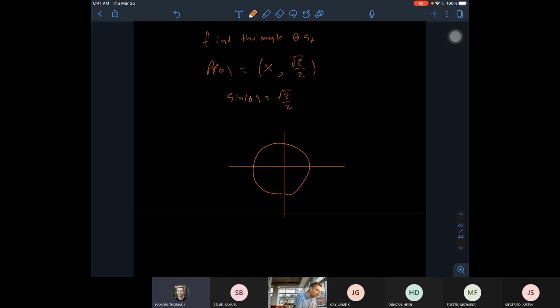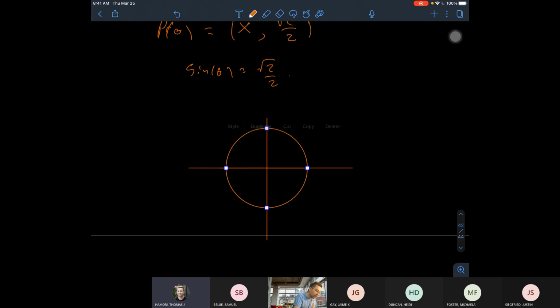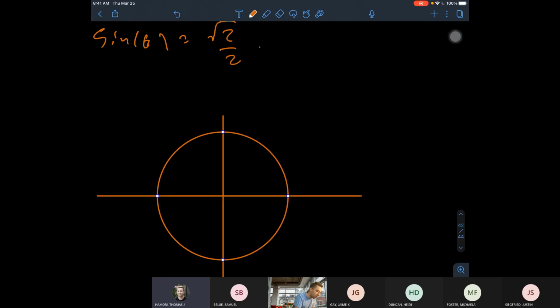It happens when theta is equal to pi over 4, and it also happens when theta is equal to 3 pi over 4. On both of these points, the y value is square root 2 over 2. So here's negative square root 2 over 2, comma, square root 2 over 2.